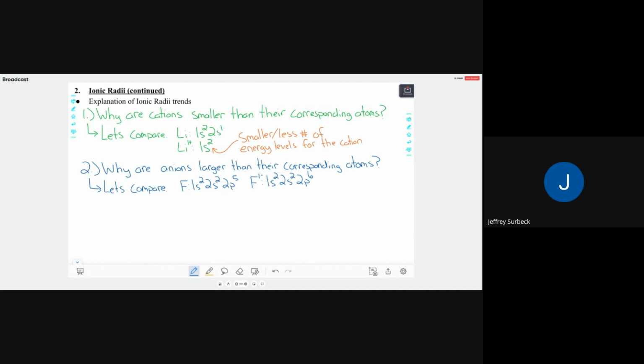Here we have a unique circumstance. In this scenario, we actually still have the same number of energy levels.